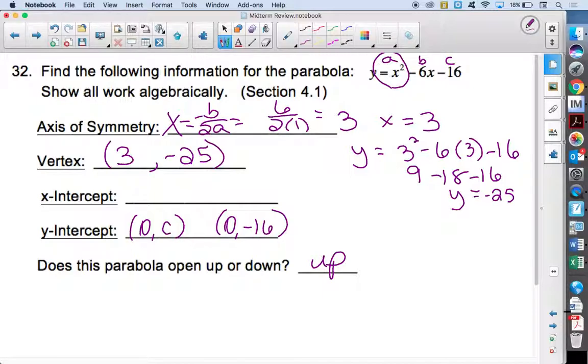So the x-intercept, I kind of skipped over this one. If you're finding an x-intercept, what is the y value equal to? 0. So if I set this equation equal to 0, we'd have x squared minus 6x minus 16. The x-intercepts are the x's in the equation. It's where the graph crosses the x-axis. How do you find the x's of this equation?